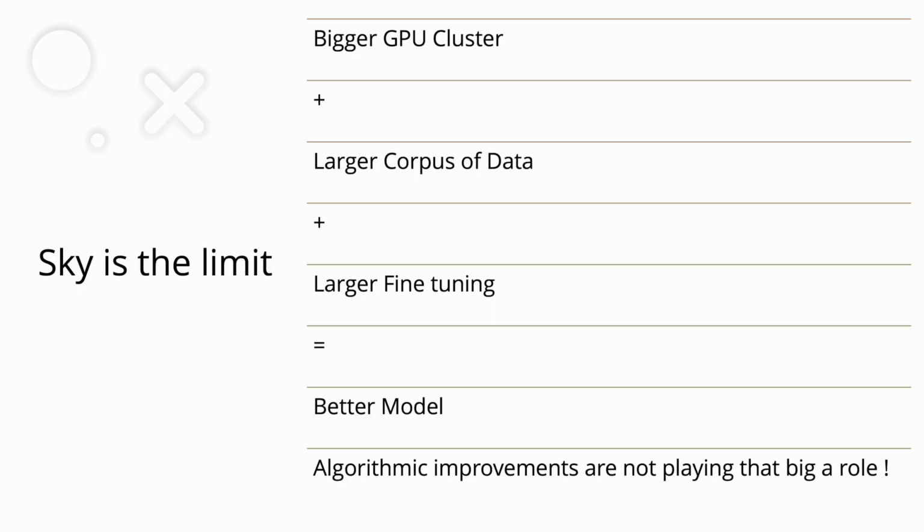What is the future direction? One direction is that there is no limit right now. The bigger the GPU clusters, the bigger the corpus of data, the better the model will be. It is not tapering off, right? Without any algorithmic improvements, since transformers came in 2017, we are only adding bigger and bigger transformer models, without having a new algorithm altogether.